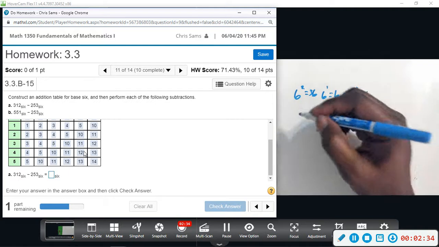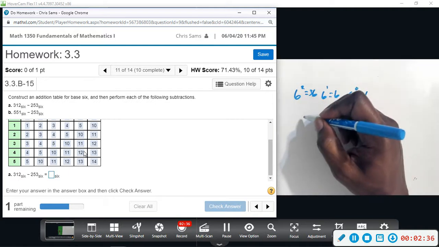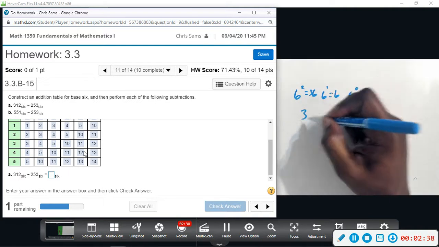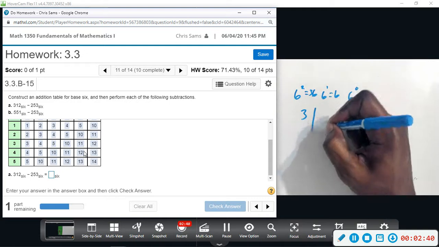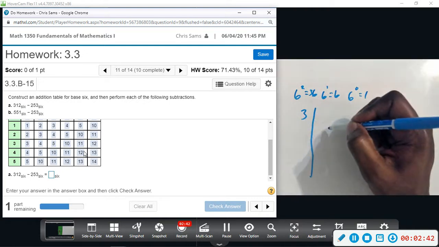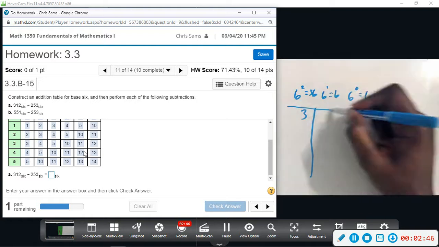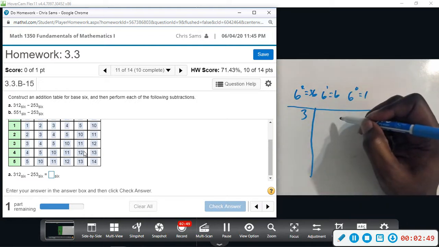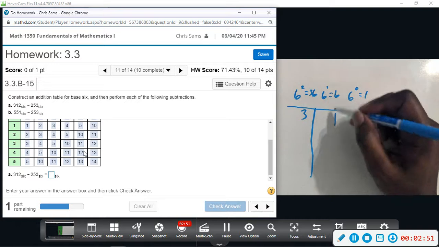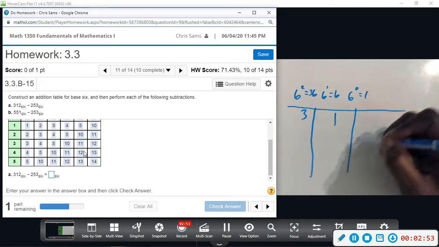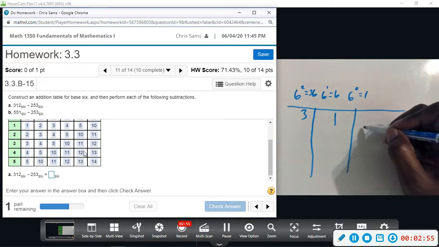So this first number we have 3 in the hundreds place, which represents 3 groups of 36. Then we have 1 group of 6, and then we have 2 groups of 1.